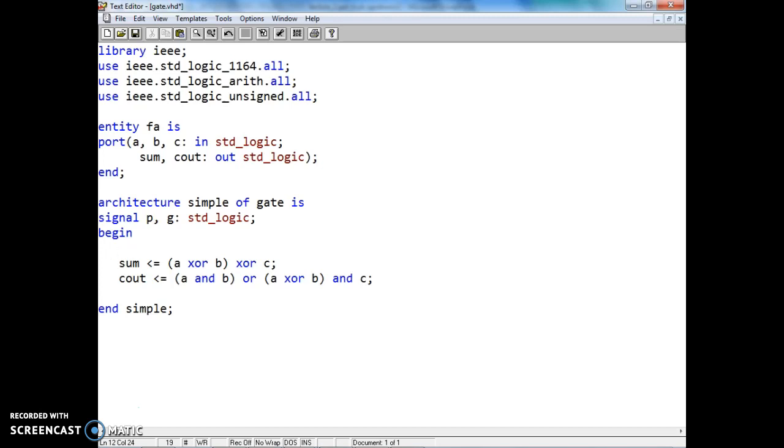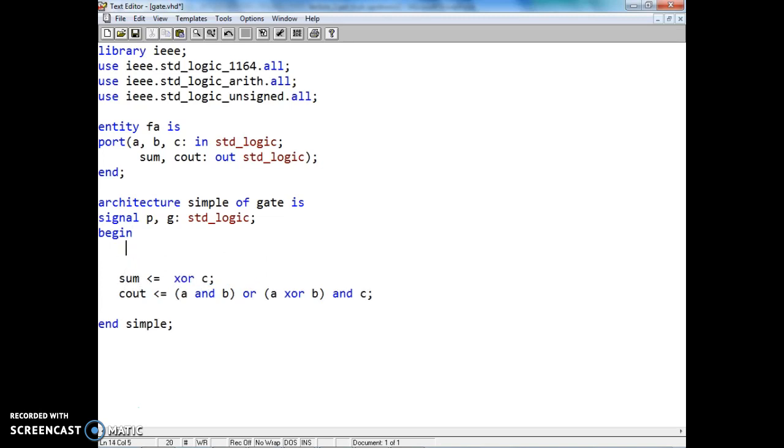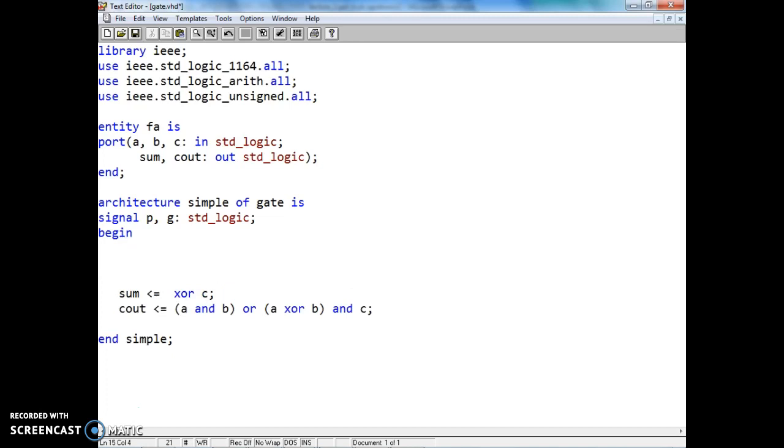So now I can change and use these as P. It is P, propagation. I am calculating this at the beginning of the architecture.